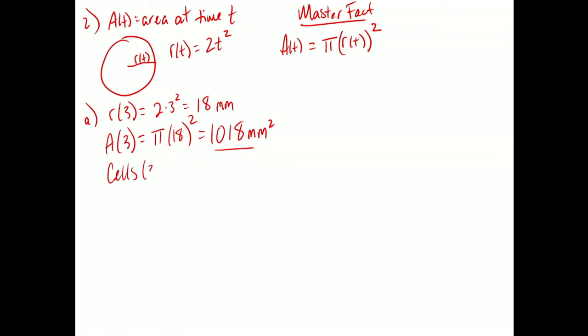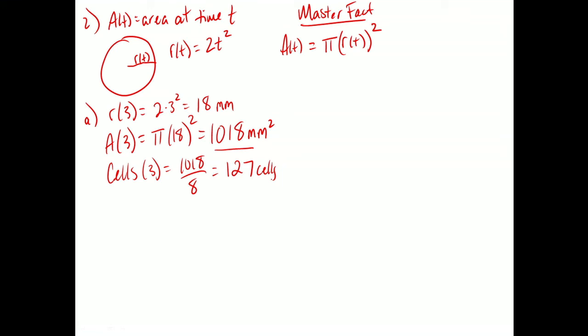So the number of cells should be how much space you have, divided by 8. That should tell you approximately how many cells are living in your little petri dish. You get about 127 or 128. I'll round down and just say 127 cells.